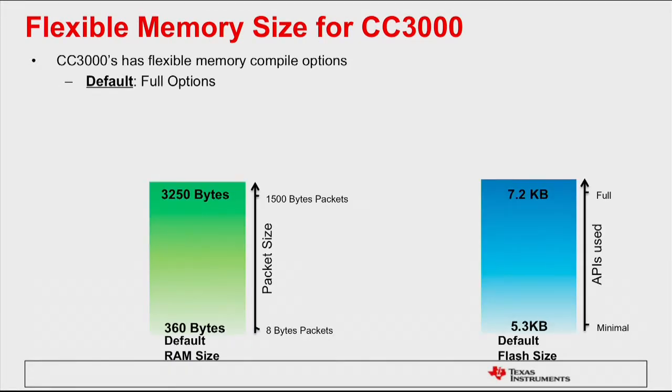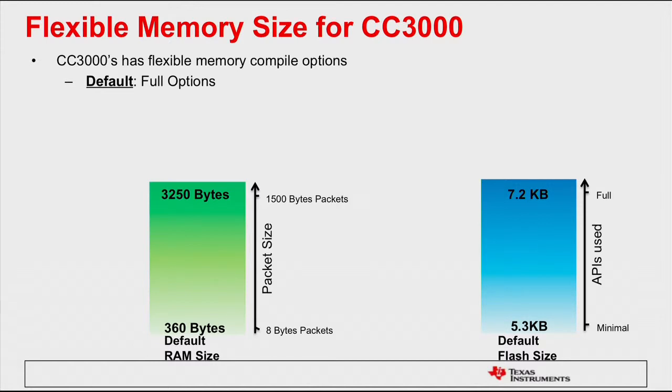Okay, let's talk about the flexible memory size. We mentioned this a little bit, but let's talk about it in a little bit more detail. So the flexible memory has compile options. This allows you to configure it depending on what your system requirements are, what kind of MCU you're using, and things like that. So let's look at where some of the flexibility is. On the flash side of things, it really depends on which APIs you're using.